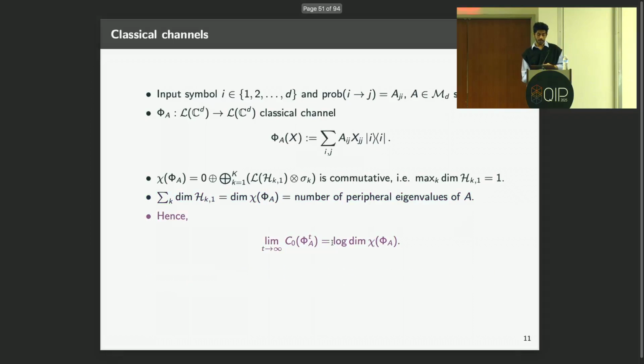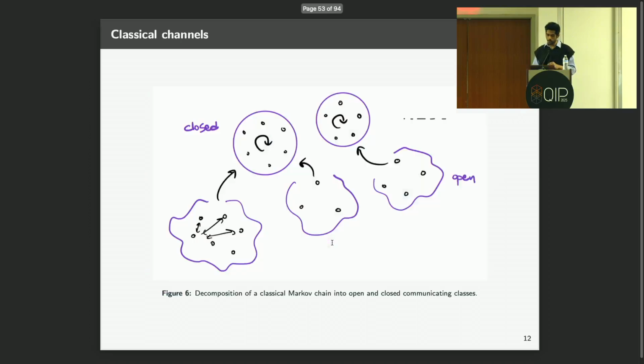And it turns out that this number of peripheral eigenvalues in the stochastic classical case has a nice combinatorial interpretation. So you have these vertices, your input symbols, and you have some noise which governs the transitions. You can partition your set of vertices into these disjoint communicating classes. So these blobs represent these communicating classes, meaning that inside this blob, for any pair of vertices, there is a path that leads from one to the other.